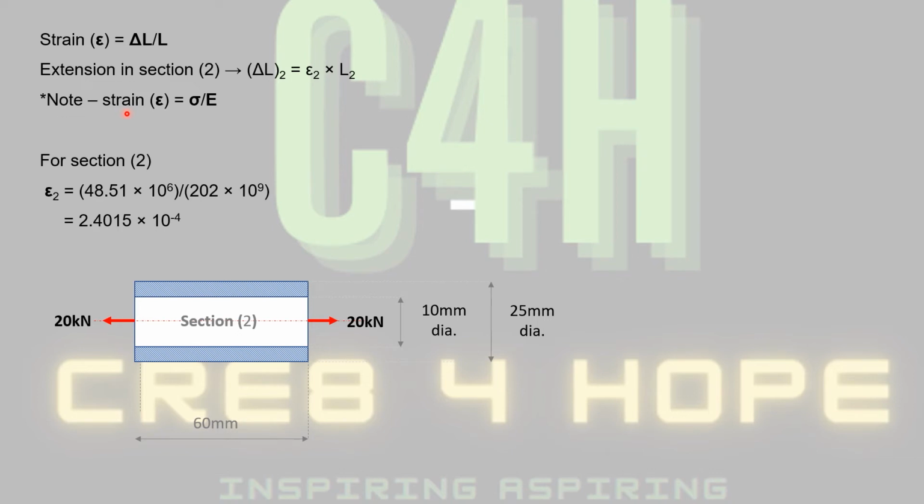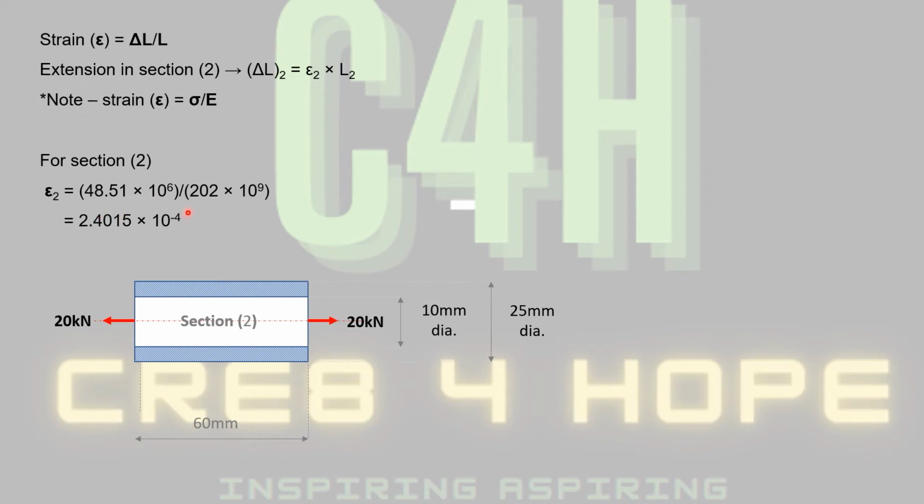So since strain is equal to sigma divided by E, we've calculated the stress for this particular section, so that was 48.51, and we know what the Young's modulus is for the material, which is 202 times 10 to the power of 9, or 202 GPa.